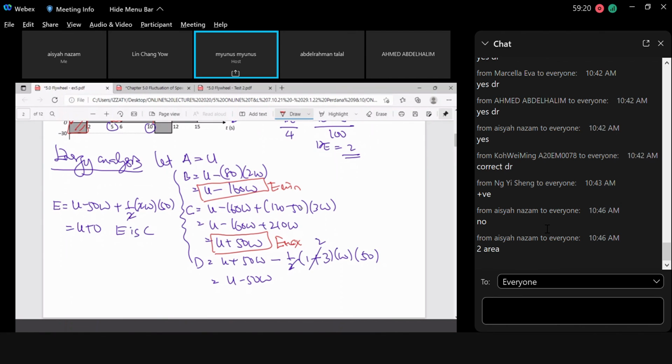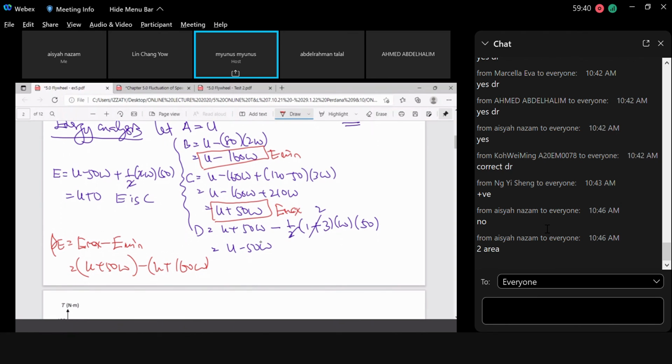So delta E now is equal to Emax minus Emin. Emax will be U plus 50 omega, minus Emin, which is U plus 160 omega. Right? And finally, you will have 210 omega, Newton meter or joules.